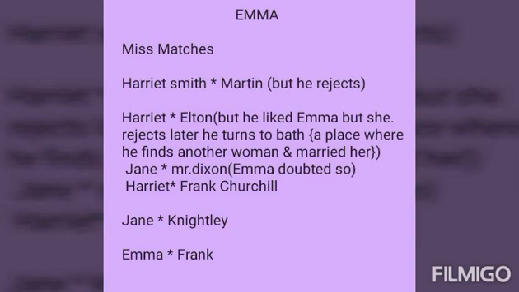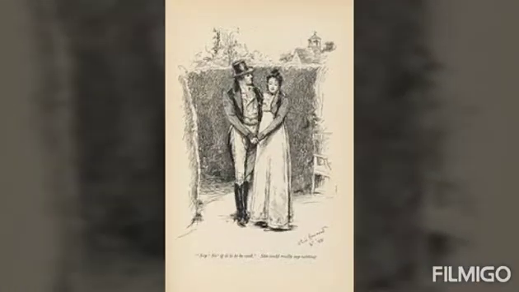At the end of the novel, Emma marries Mr. Knightley. Harriet accepts Mr. Martin's second proposal, and Frank marries Jane. They are all married, so the novel ends with a happy union of equals.